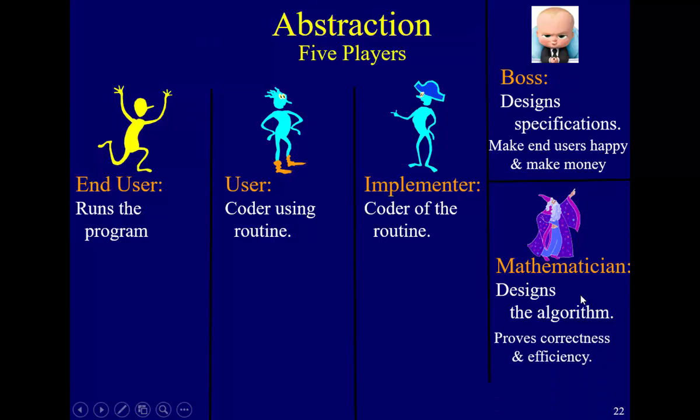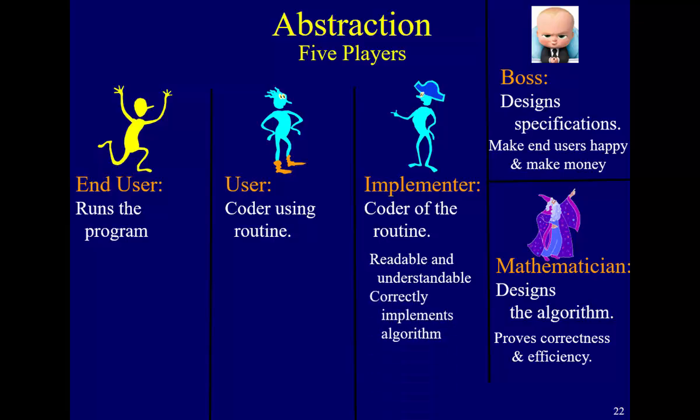The mathematician's goal is to prove that all the codes are correct and are efficient. The implementer, I copied from the slide before that, which I copied from James Alder, of course, is you want your code to be readable and understandable, and before it said we want it to be correct. Well, it sort of separated these 2 jobs.